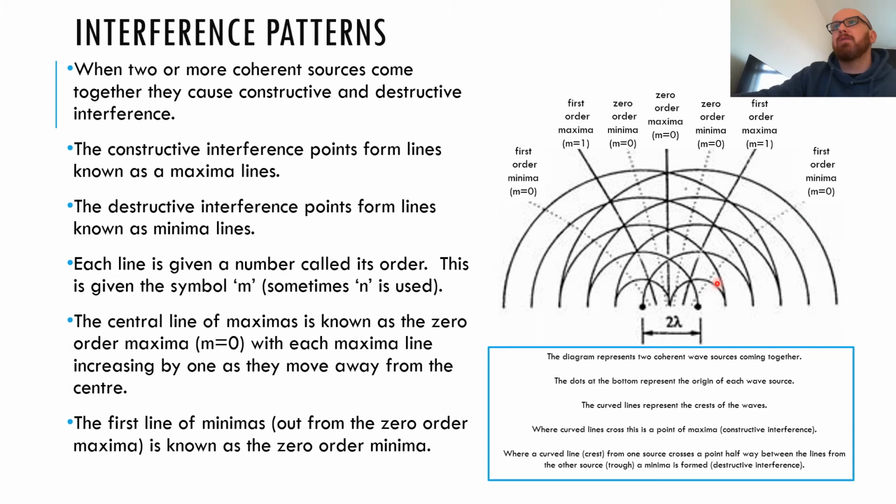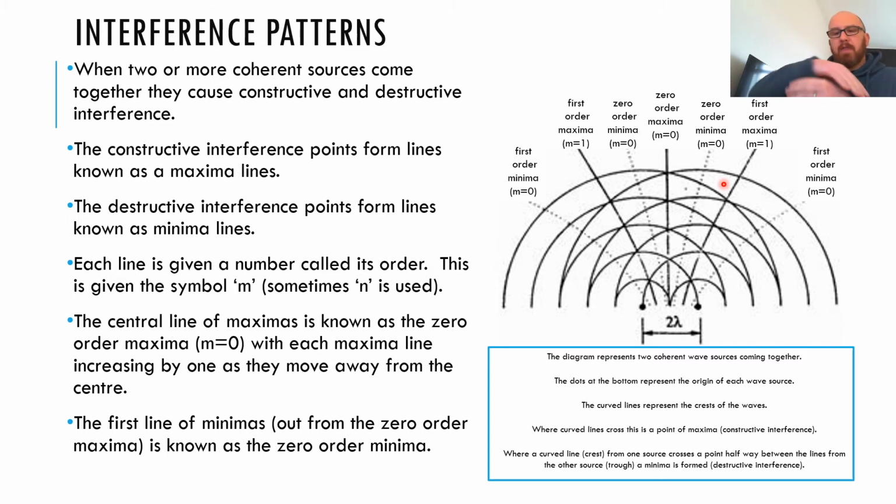These black lines represent the crests of waves coming from this point here. And where these black lines cross, you get the peak meeting the peak, or the crest meeting the crest, which is constructive interference. So for example, at this point here, you've got this line meeting this line, meaning you get a point of constructive interference at that point.